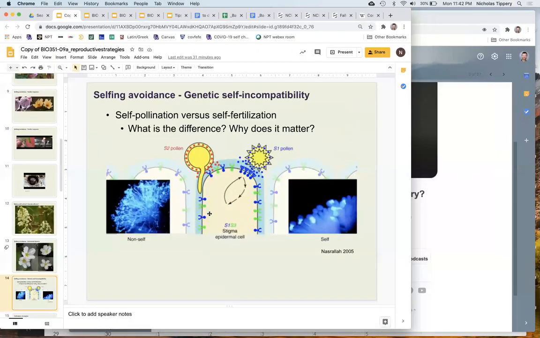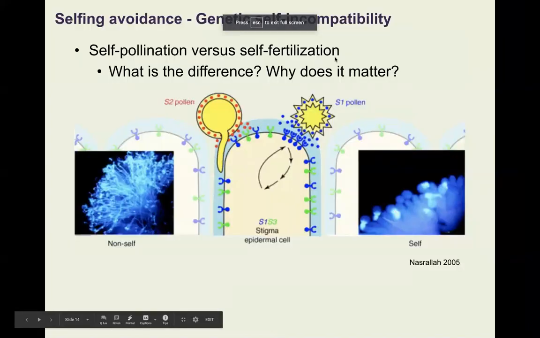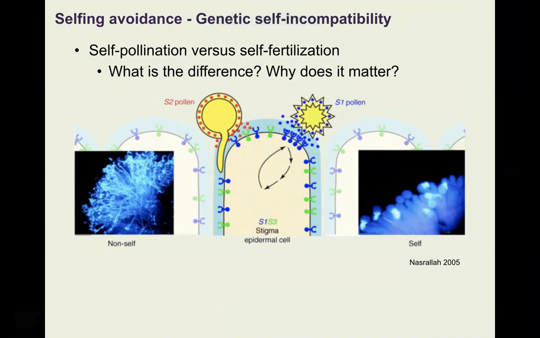And so they have this system where they can genetically prevent related individuals from fertilizing each other. So obviously this would be an important response to maybe some negative genetic effects of inbreeding. It assures that matings happen between individuals that are a little more genetically different than usual.